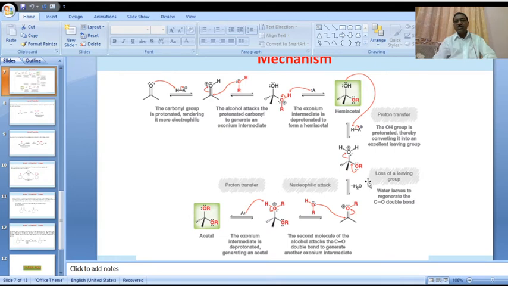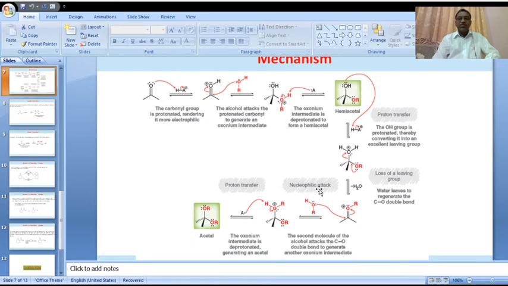After it leaves, the carbon-oxygen double bond is regenerated. The OR function group oxygen forms another pi bond with the carbonyl carbon to form a C double bond O. This is the structure.